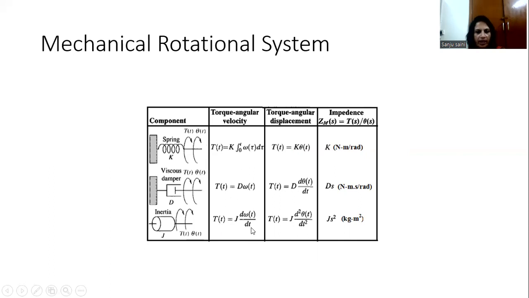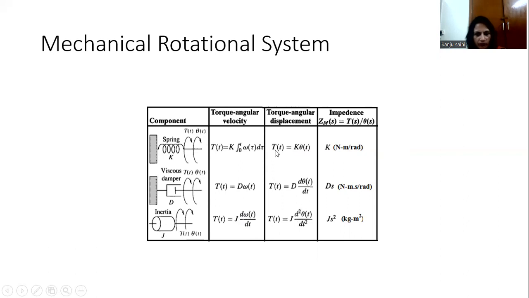Omega is the angular velocity, not the motion. So we have simply replaced linear displacement x(t) by θ(t), linear velocity v(t) by ω, that is dθ(t)/dt, and linear acceleration a(t) by d²θ(t)/dt², that is equal to dω(t)/dt.